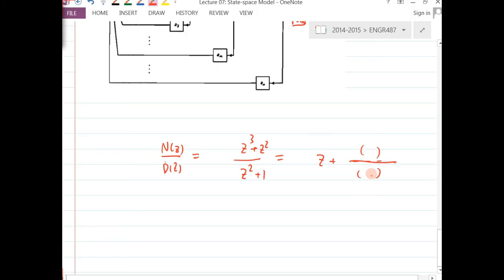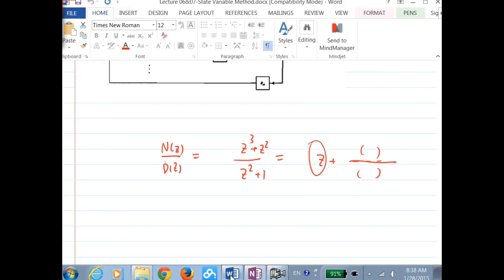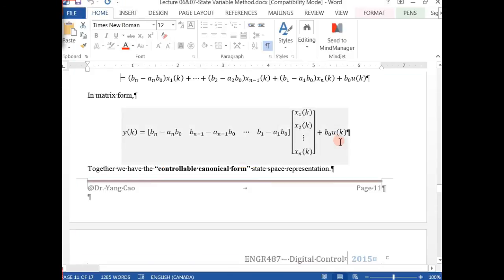And this fraction is such that the order of the numerator is less than the order of the denominator now, right? So when that particular term shows up in the end on the output, can you imagine what you would have here? Besides a u of k, what would you have?